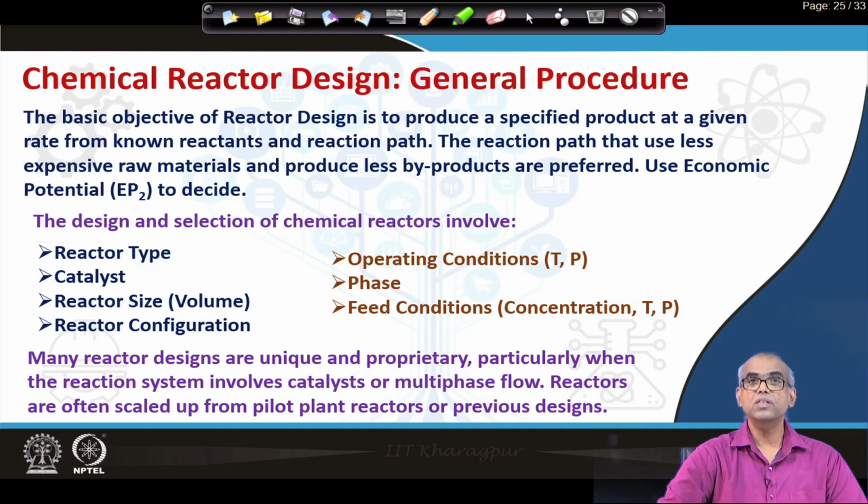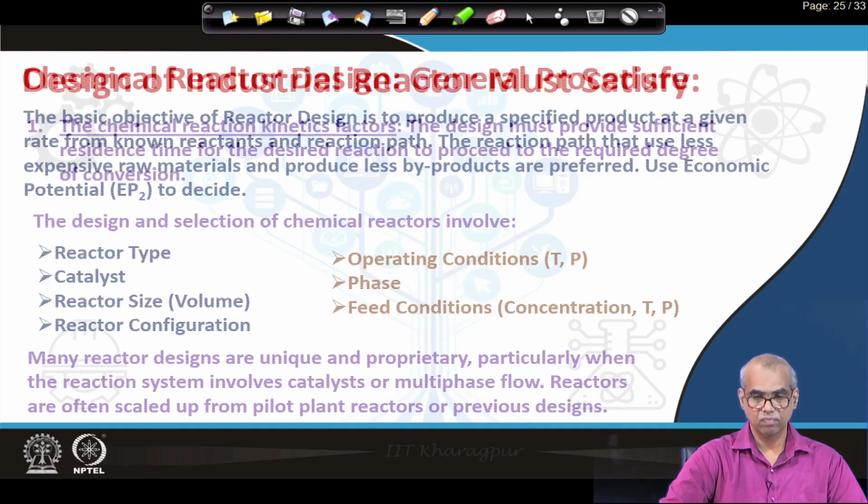Many reactor designs are unique and proprietary in nature, particularly when the reaction scheme involves catalysts or multiphase flow. Reactors are not always designed starting from the first principles. Reactors are often designed by scaling up from pilot plant reactors or previous designs.